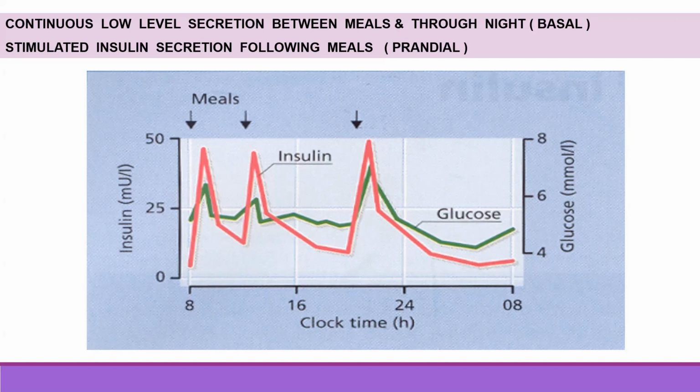So insulin secretion is of two types, basal and prandial, and therefore, when we try to manage our type 2 diabetic subjects, we have to understand that there are two different ways we can give insulin, either basal or prandial.